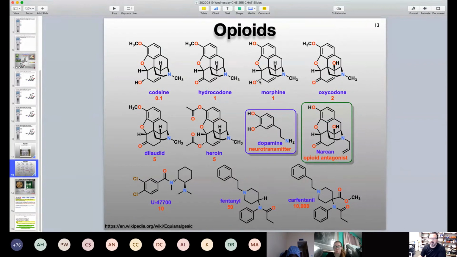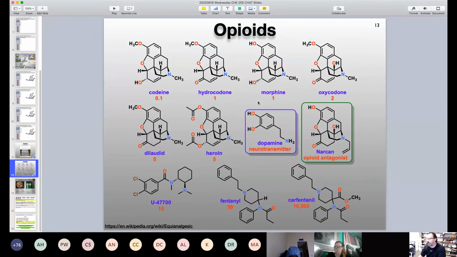We also have here, if you notice, see this OH group? We have a sigma bond. Now we have a double bond. That's a different functional group. So by making those transformations, notice this number stays pretty much the same.